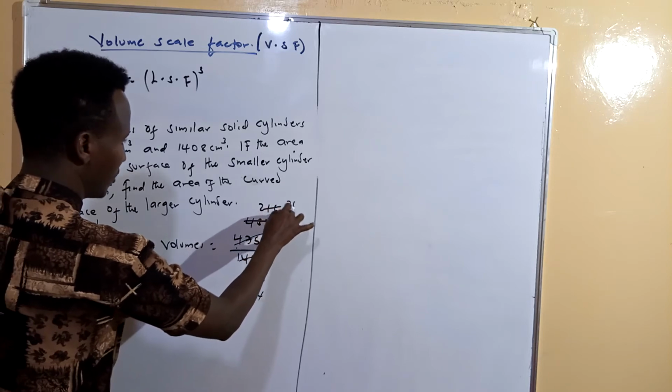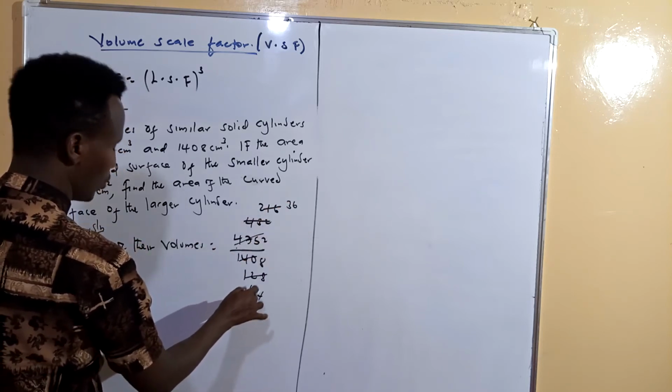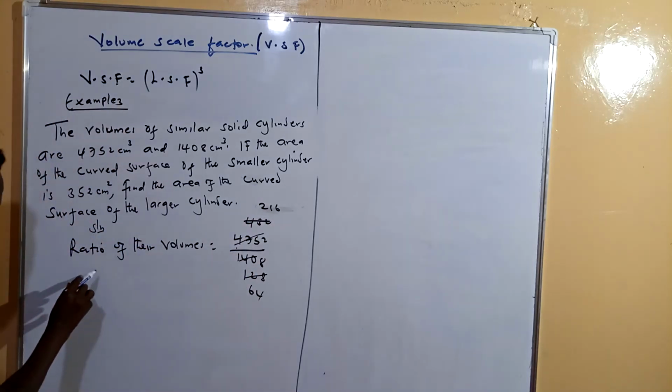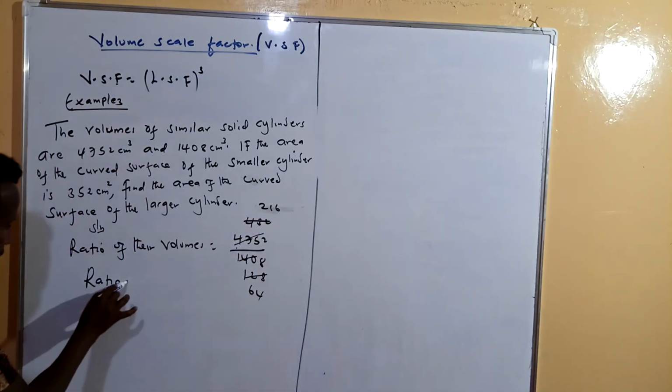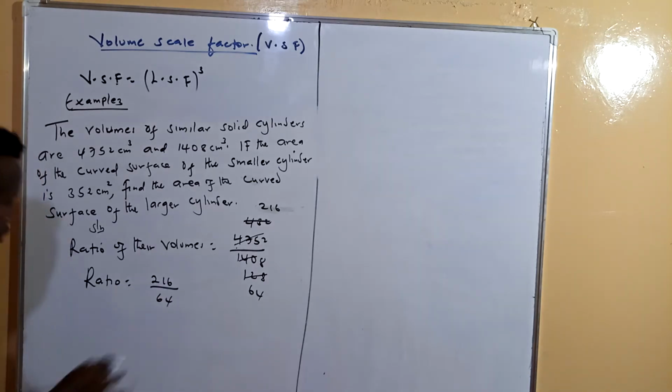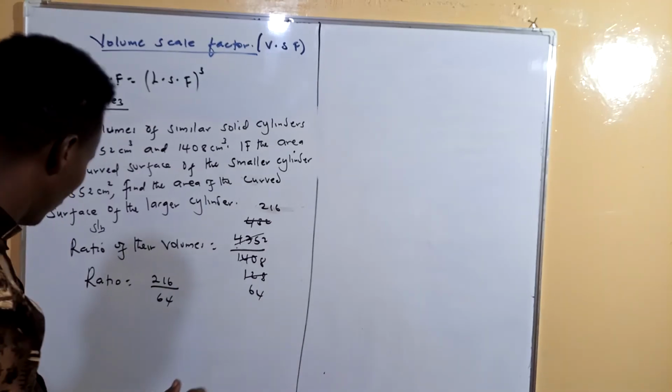Remember we have 216 here, so the ratio will be 216 divided by 64. Now this is the simplified ratio of the two volumes.